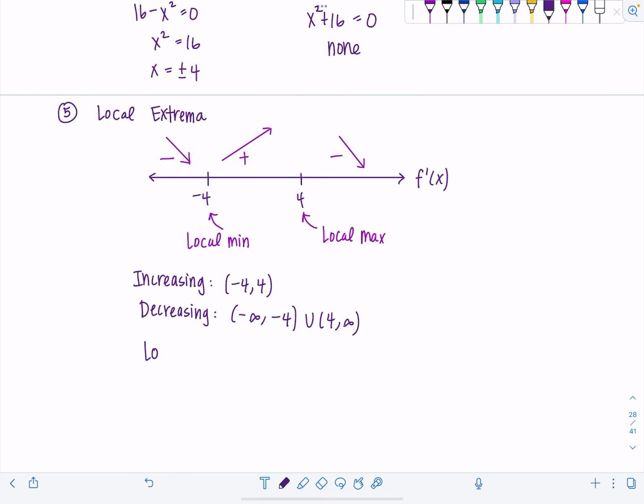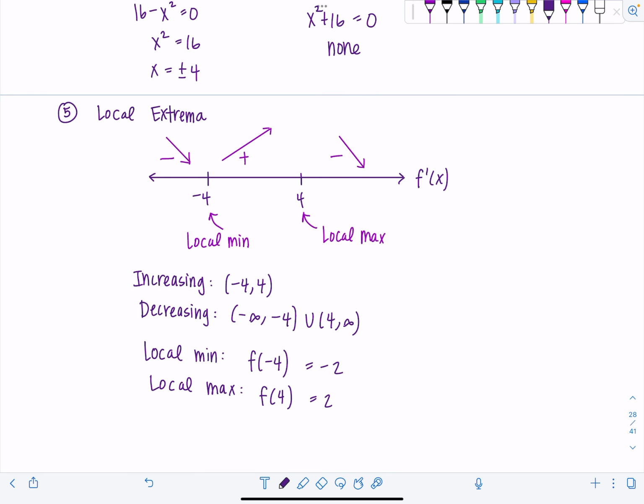And local min is at f of -4. F of x was 16x over x squared plus 16. I'll just tell you what it comes out to. -2. And local max is at f of 4, which is +2.